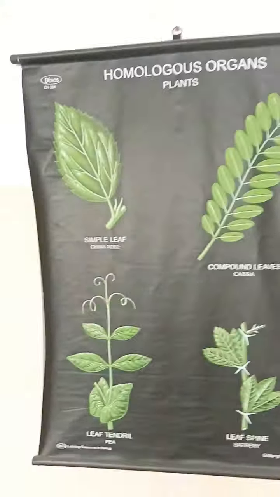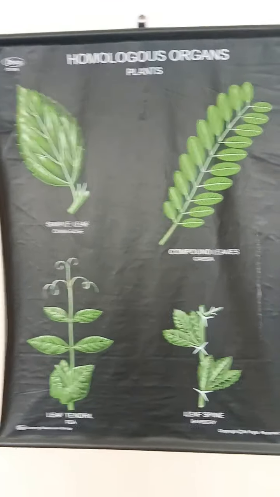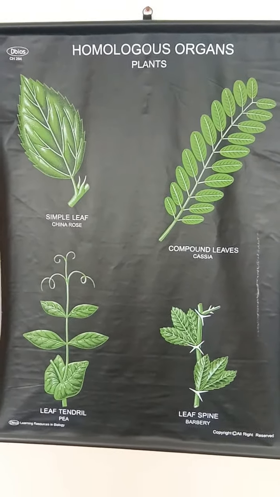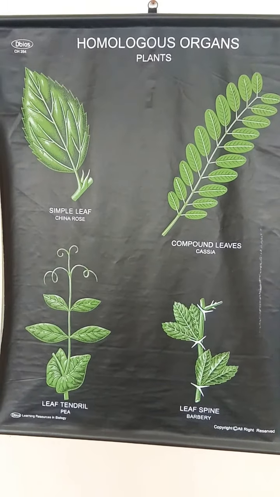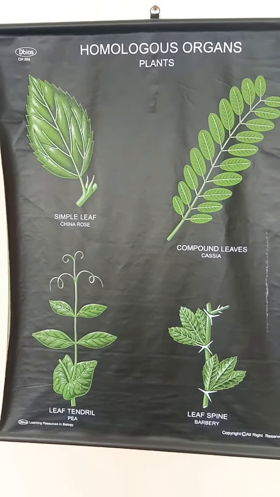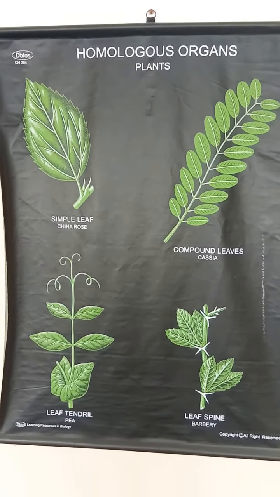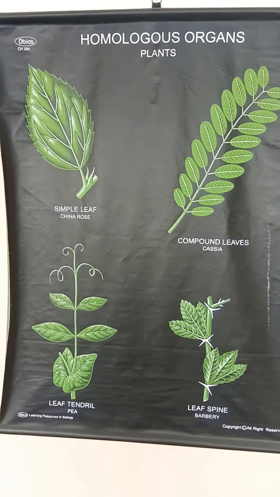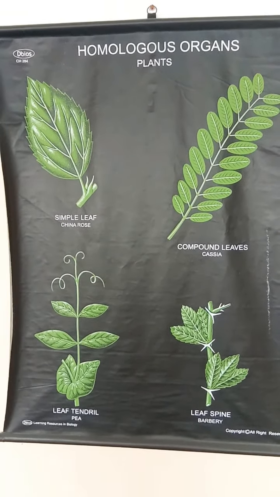Now I am coming to show you some diagrams of homologous organs and analogous organs in plants. See here, homologous organs in plants. Alright, my dear students, see, this is the structure of leaf. In first diagram you can see simple leaf, second compound leaf, third leaf tendril, fourth leaf spine.